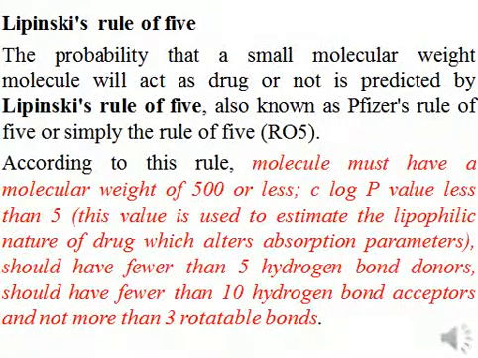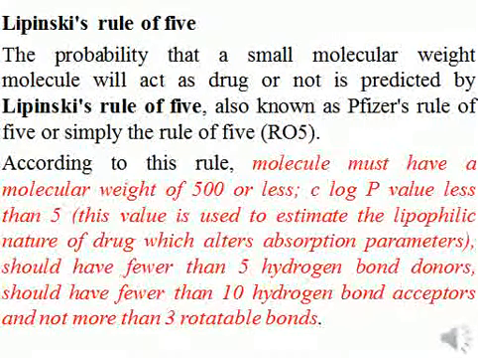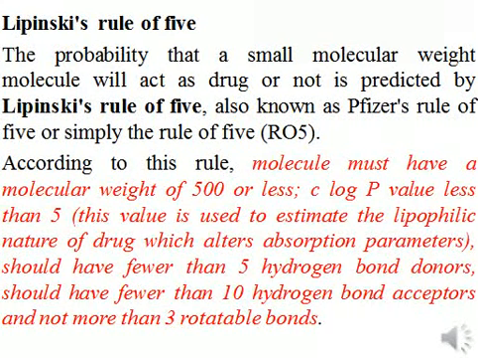Now we have Lipinski's rule of 5. Lipinski's rule of 5 is also known as Pfizer's rule of 5, or simply the rule of 5 or R5, right? So whenever you are designing a drug and you want to know whether the molecule you are designing will be able to show some biological activity, then according to Lipinski's rule of 5, the molecule should have a molecular weight of 500 or less, a C log P value less than 5, hydrogen bond donors less than 5, hydrogen bond acceptors less than 10, and no more than 3 rotatable bonds.